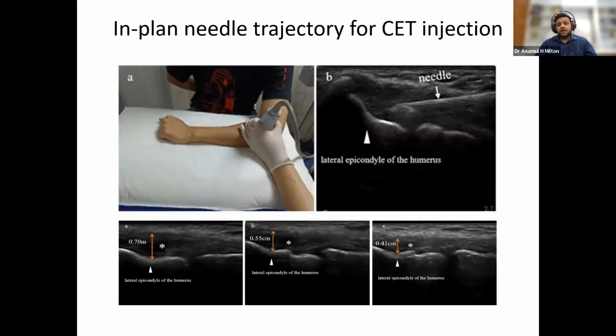Now, how is this done with the needle? You can see how we visualize these things. The needle comes from the forearm toward the elbow. Here we can see the needle directed towards the common extensor tendon area.